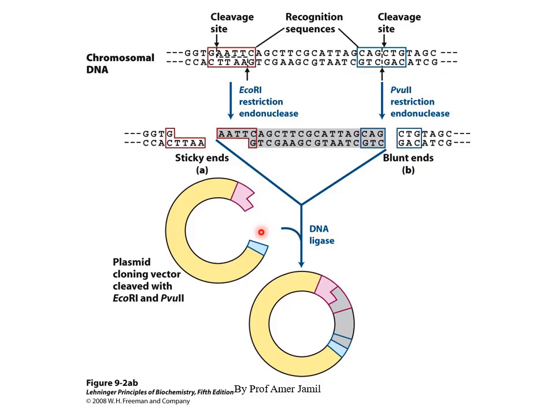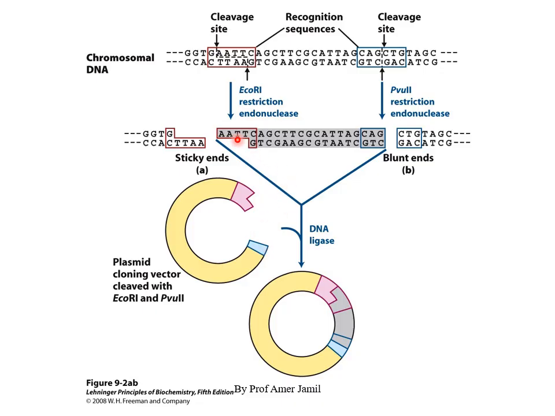Now, another important thing is this vector should not be self-ligated. Especially in case of blunt end ligation, there is a chance that this vector is self-ligated. To avoid that, the 5' phosphates from both ends are removed with the help of the enzyme alkaline phosphatase, which is mentioned in the last table I showed you.